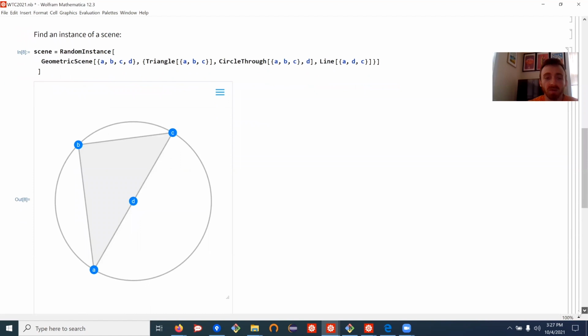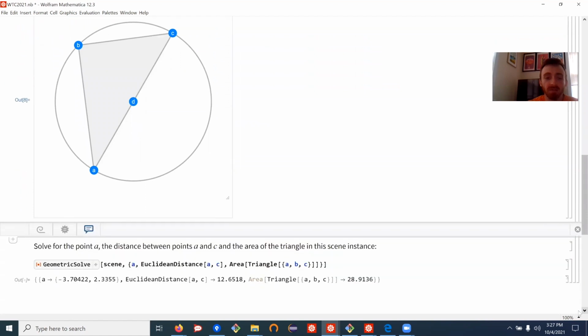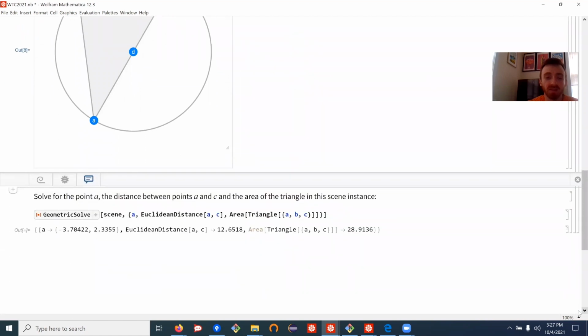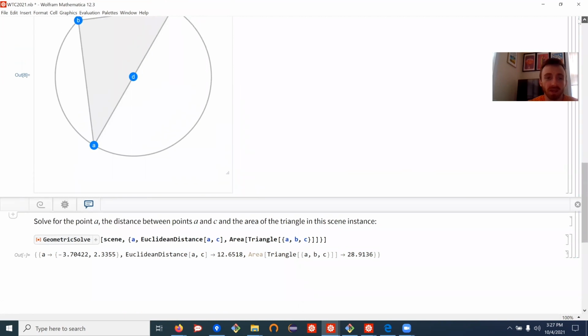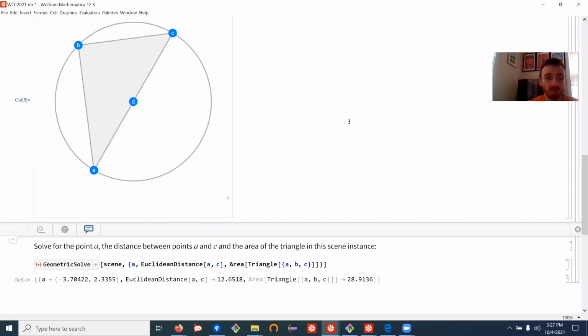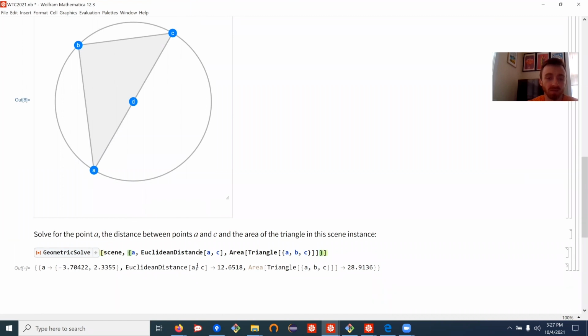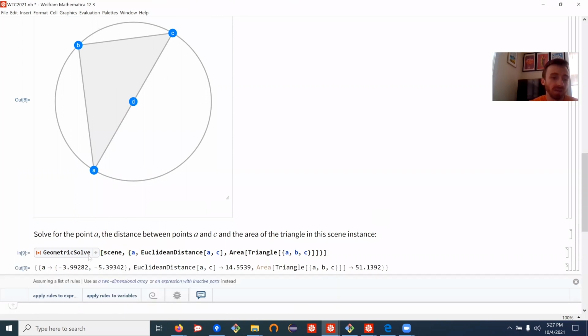If we want to find information about the scene, say solve for the point A, or the distance between the points A and C, and the area of this triangle, we can do all of those at once for this particular scene. And so we've got the coordinates for A, the actual distance between A and C in this scene, and the area of the triangle in this scene.